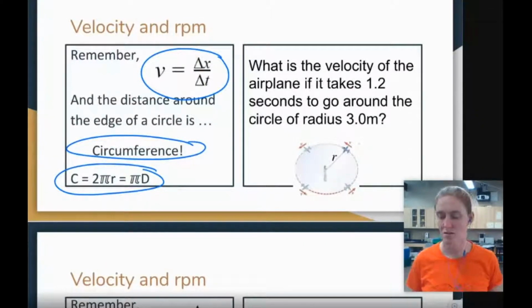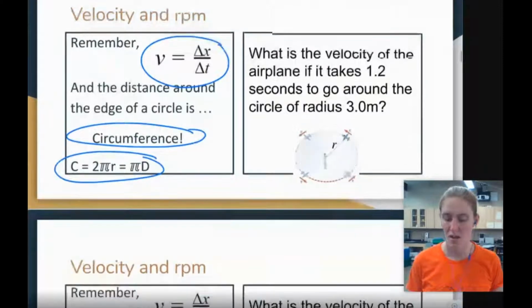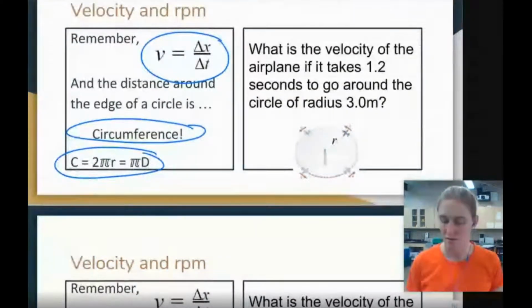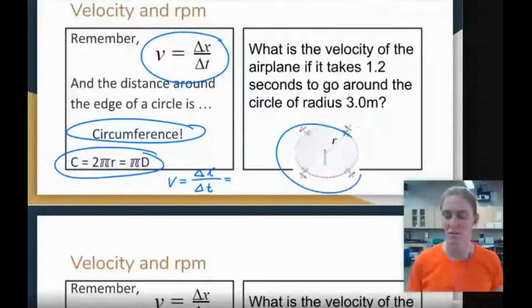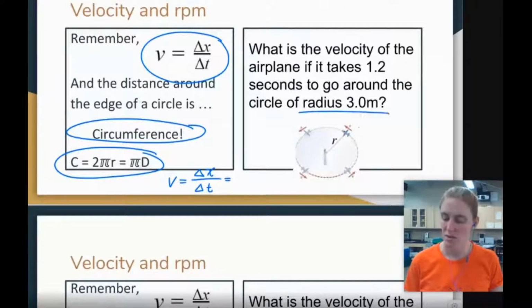All right, so let's do this. So if I'm talking about the velocity of this, my velocity is equal to the distance divided by my time. And in this case, the distance for this to go around once around this circle is the circumference. And I'm given a radius of 3 meters. So I'm going to use 2 pi r.